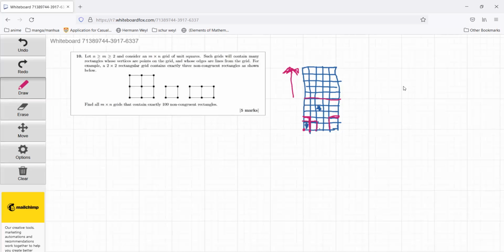So when we look at the case of A by B rectangles within n by m, when B is less than or equal to m, that means when it lies in this part here, we have to be clever about how we count.